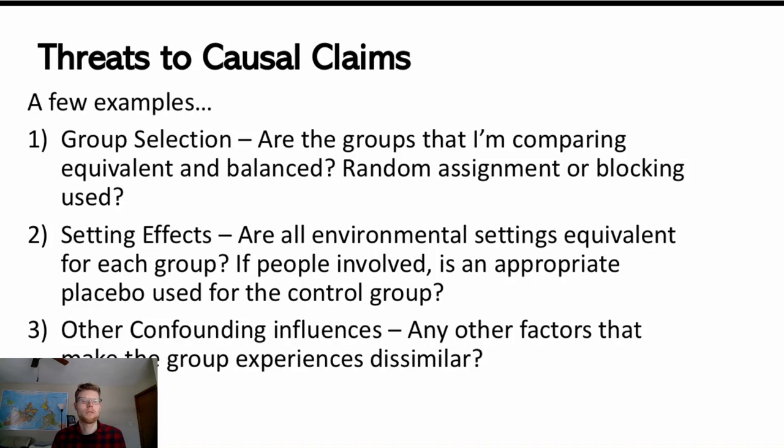And just any other confounding influences, any differences in the timing of when the groups are completing their experiment, any differences in adherence and people keeping up with their treatment if this is a people study. So there's a lot of things that can creep into even experimental designs that weaken the causal claims. So all that to say, that's just a very brief discussion of design.